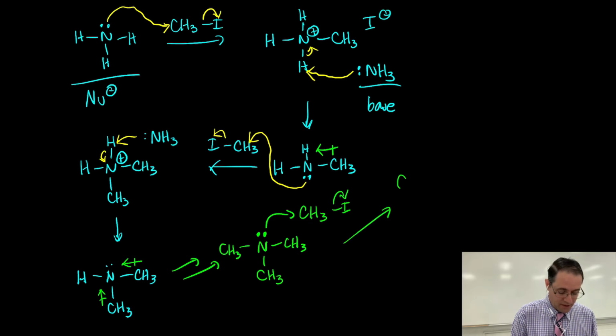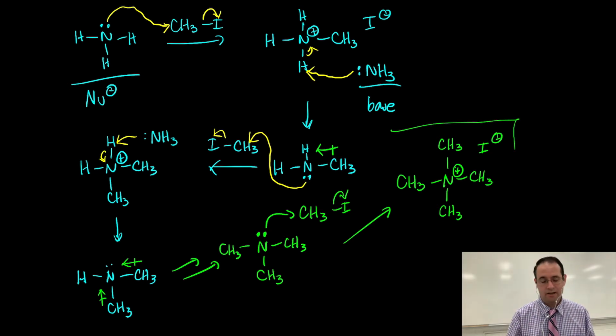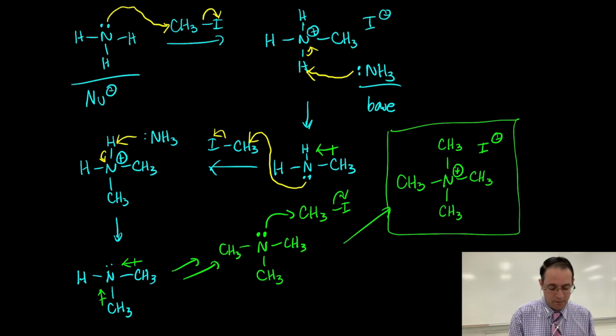The final reaction I'm drawing here on the board is going to give us a quaternary ammonium compound, and this is where we want to leave the iodide leaving group in along with the molecule. So we have a positive charge on the nitrogen that cannot be deprotonated anymore, and we have iodide. So we form tetramethylammonium iodide.